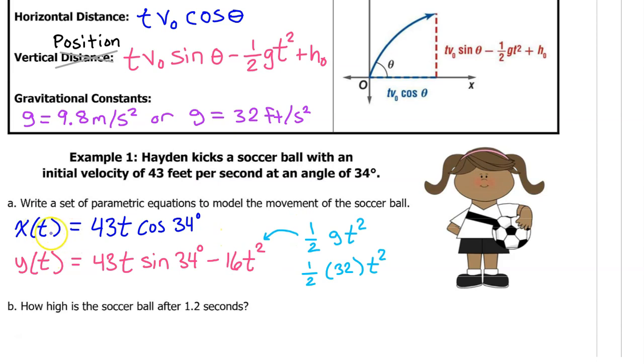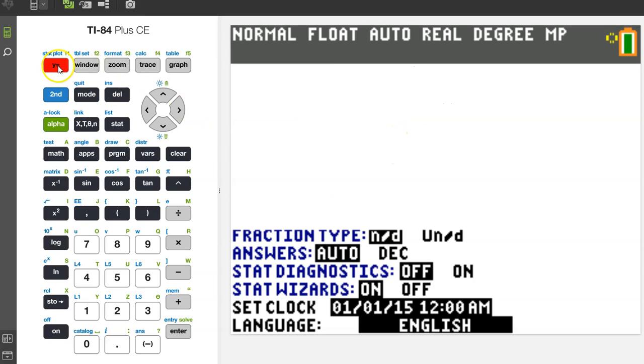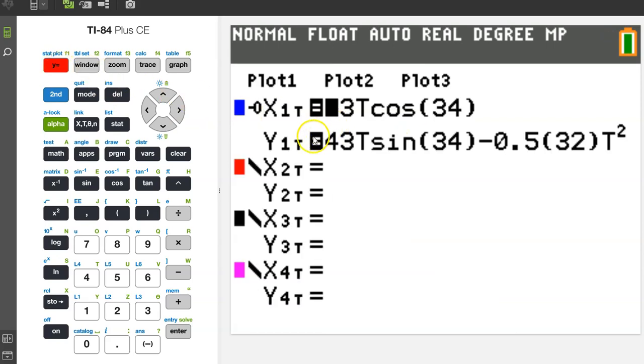Just for fun, let's put these parametric equations into the graphing calculator and see what we get. Hit the mode button on your calculator and go down to where it says function versus parametric and make sure that parametric is selected. Then under y equals, you can go ahead and type in the parametric equations that we found. Let's adjust the window a little bit.